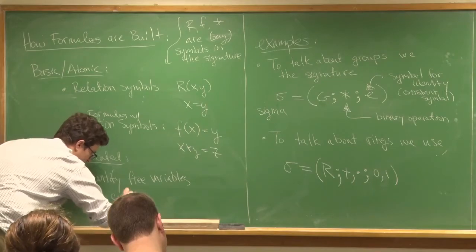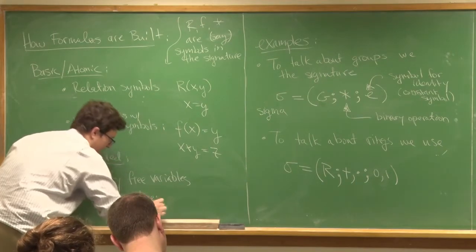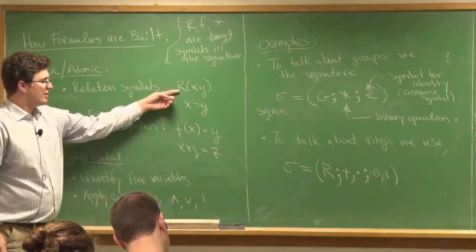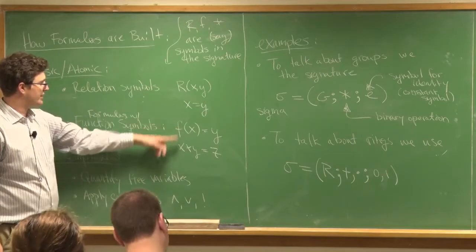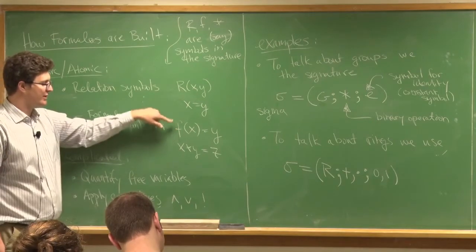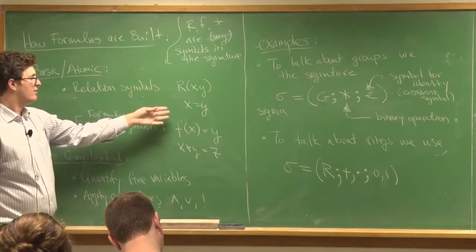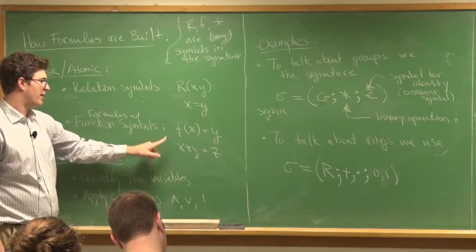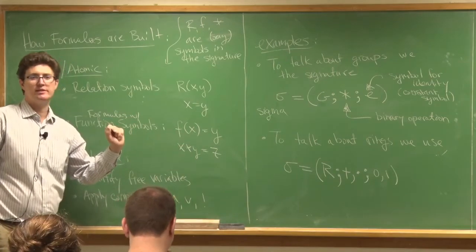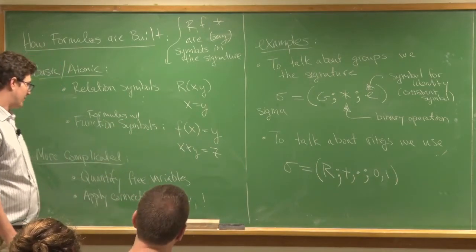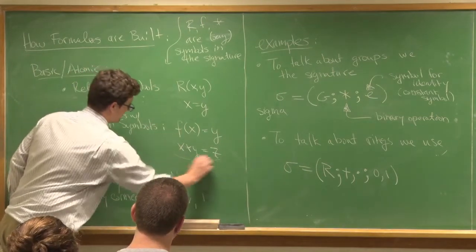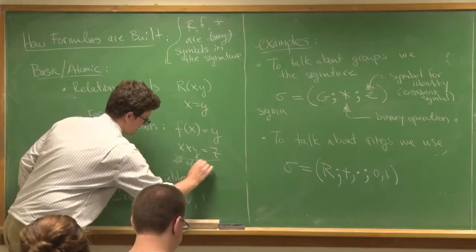Connectives are things like and, or, and not. So I could take this and this, or this or this, or not this and this. Or I could say, for all x, x times y is equal to z. Things like that, okay? These things have free variables here.